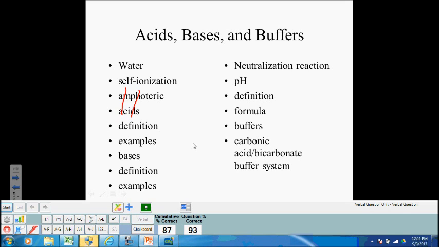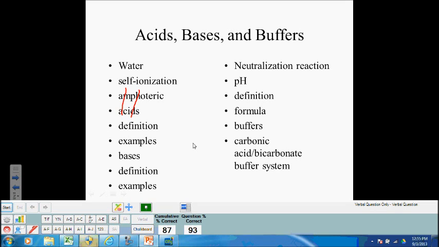Hydrogen ions. Well, what would be left? What other ion would be left if water gave off an H+? OH minus. What's OH minus? Hydroxide. And this is a simple way of defining it.